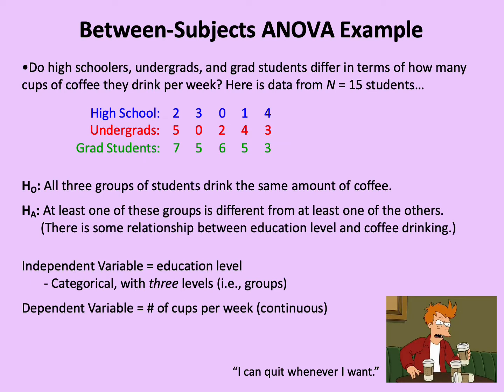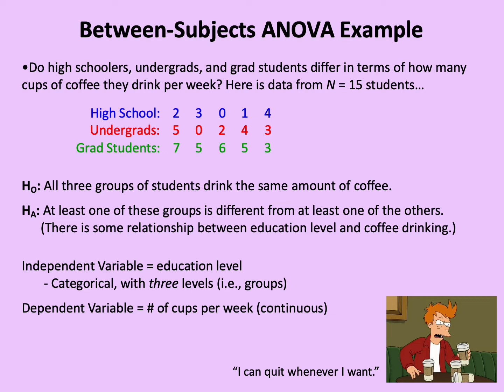Okay, so here is our example problem. All right, so our research question is, do high school students, undergraduate students, and graduate students differ in terms of how many cups of coffee they drink per week? Okay, so that's our research question, and here is our data, right? So we have 3 different groups of people, high schoolers, undergrads, and grad students, okay?